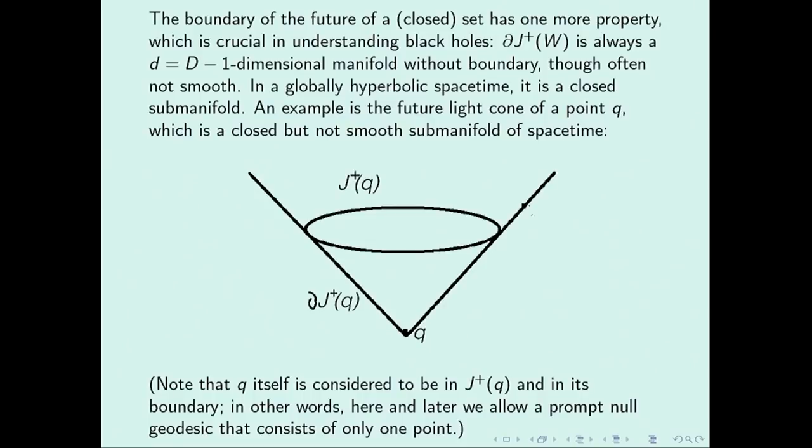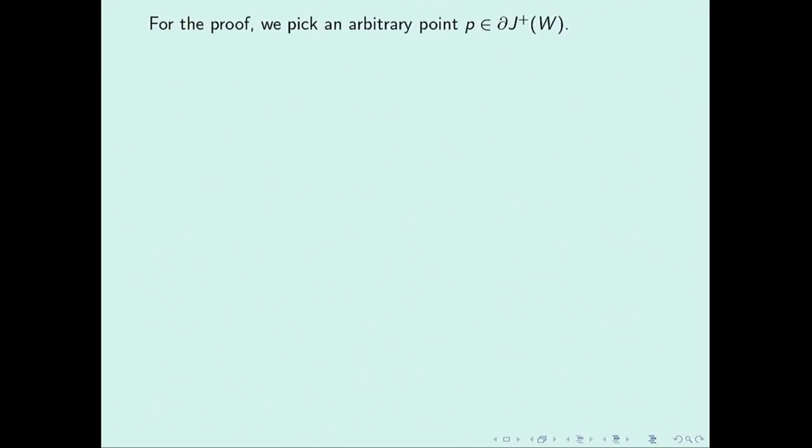So with the understanding that Q is in J plus of Q, the boundary of J plus of Q is the future light cone, including its vertex. And as you can see, that's a manifold, although it's not a smoothly embedded submanifold of spacetime. It has a singularity at Q. So this is the general story for the boundary of the future of any set.